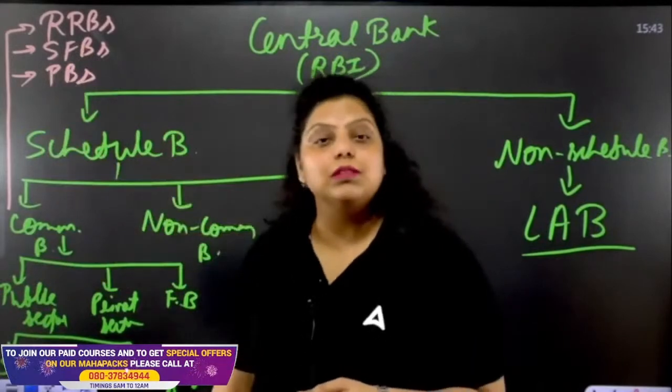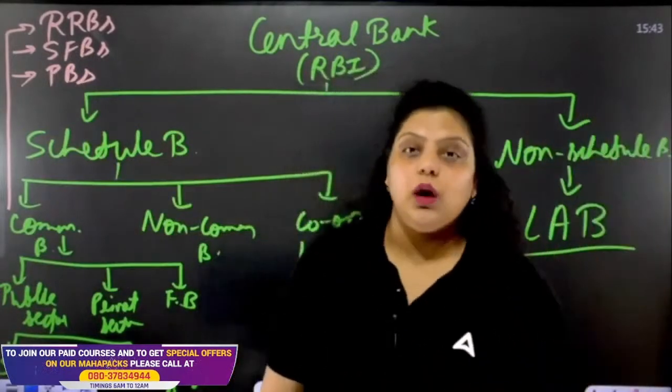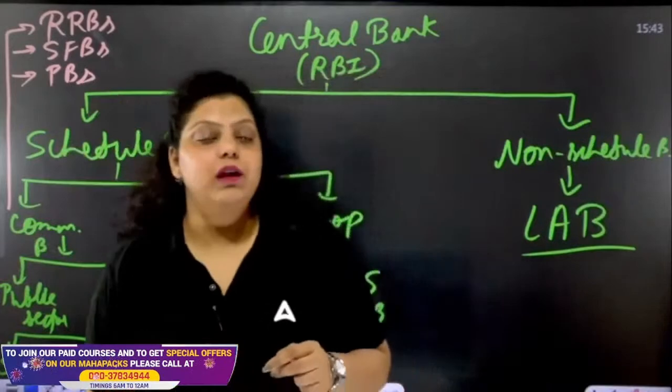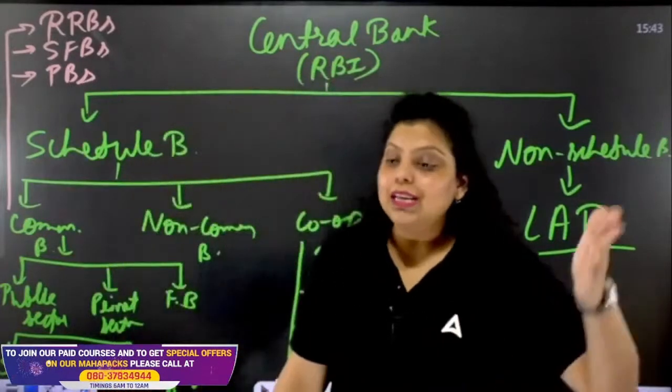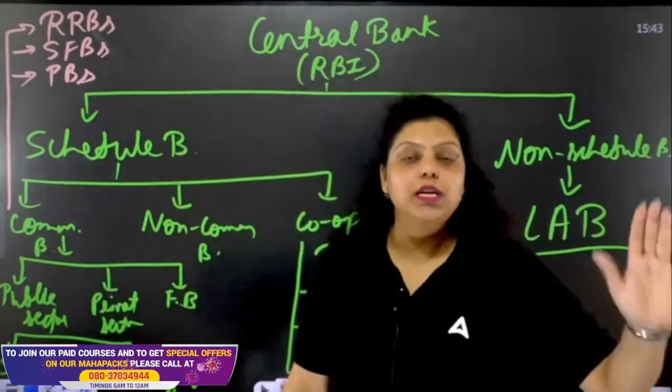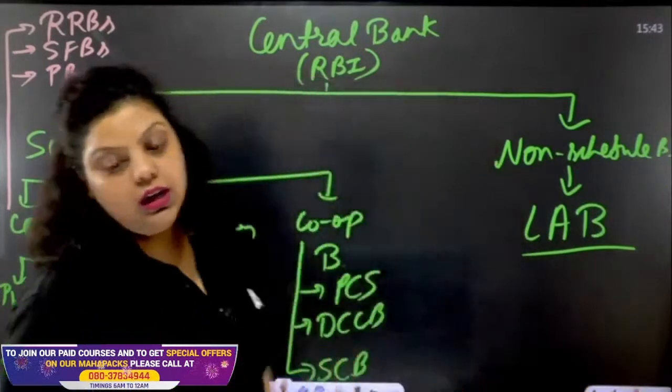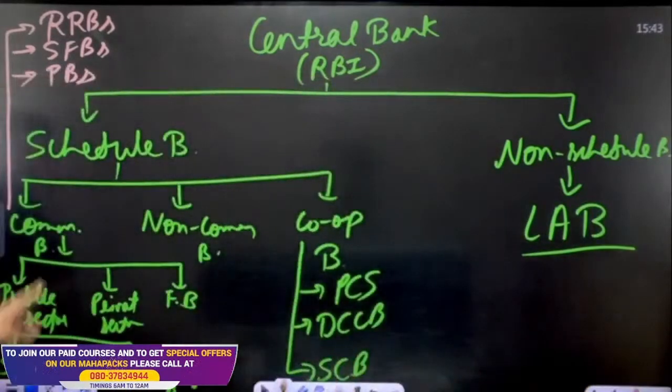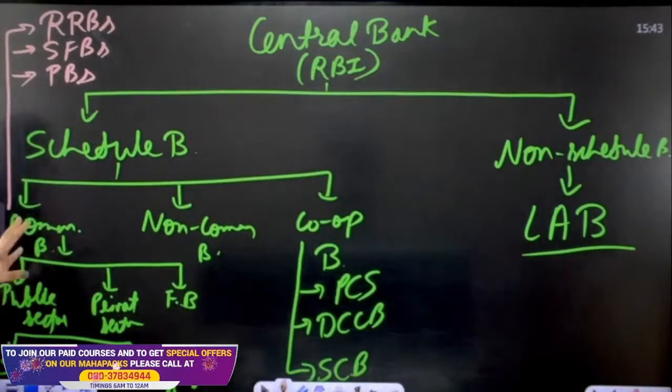Like RRBs were established to uplift the rural economy. The small finance bank was established simply for financial inclusion. The same reason was there for the payment banks also. Okay, so these are all the types of banks present in India. This is the banking structure of our country.